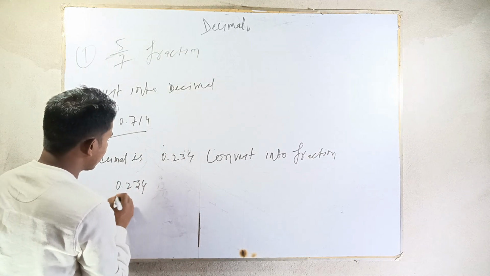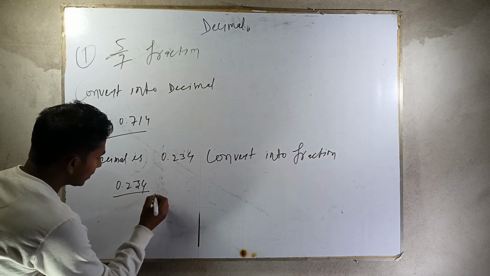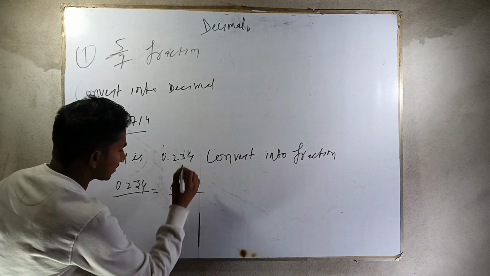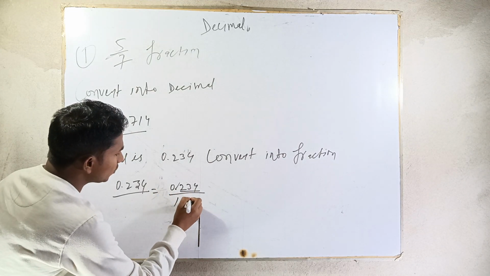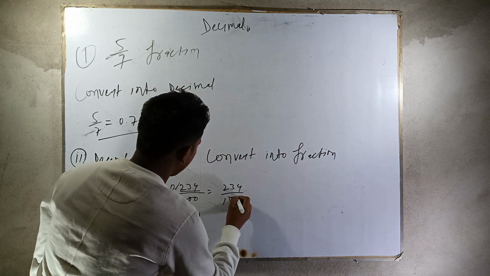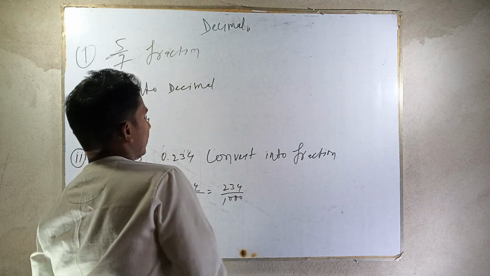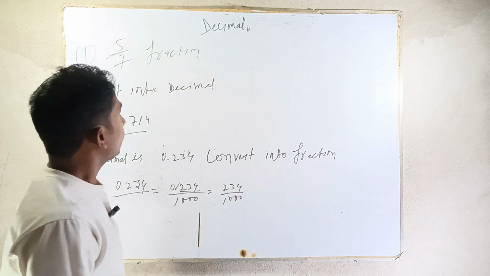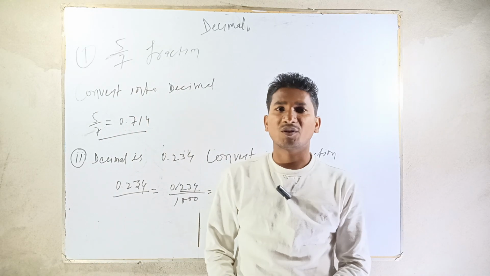Then I need to write 234, and I replace the decimal with 3 zeros, that means 234 over 1000. Either I can divide this, or I can leave it in the form of a fraction. So in this way I can solve these types of questions.